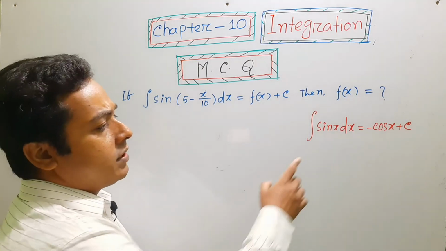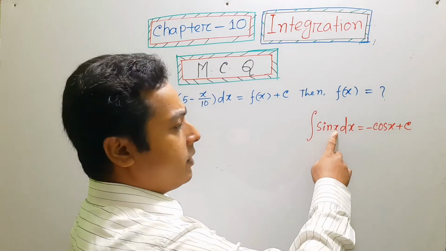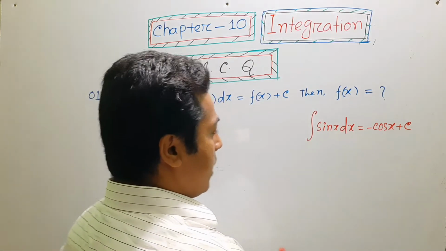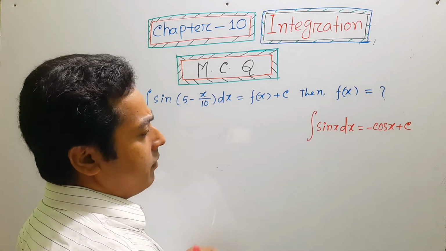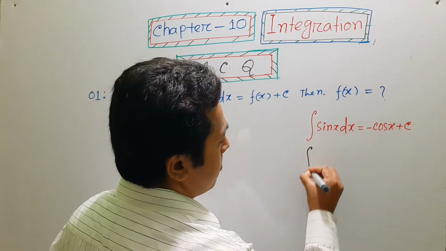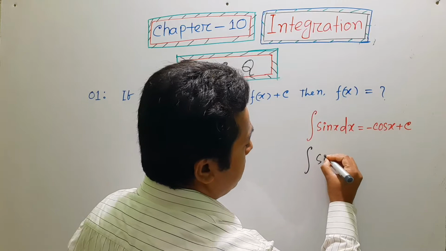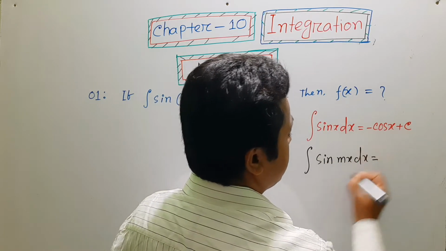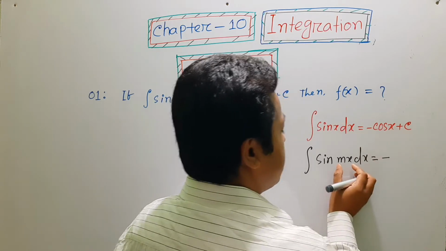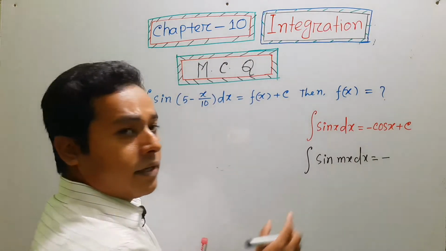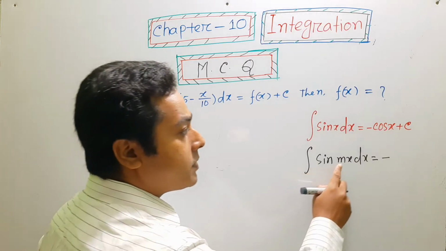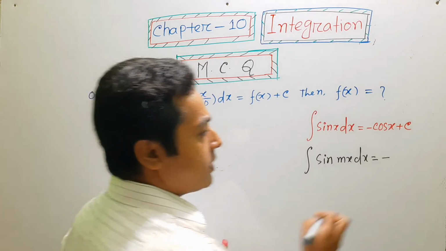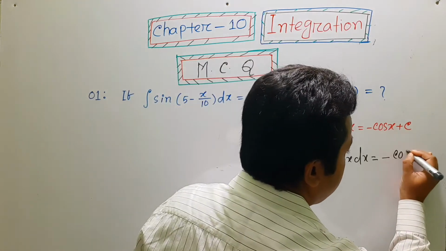And if any constant is involved with x, then what will be the integral result? Just think about it. Integration of sin mx dx: you have to consider mx as x. Compare with integration of sin x, which is minus cos x.